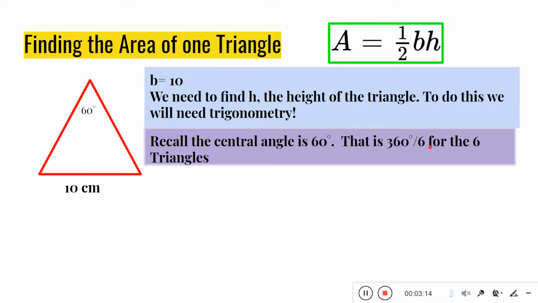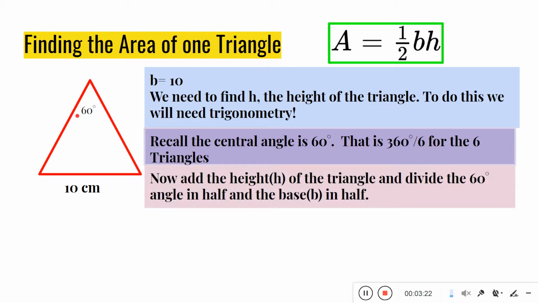We took 360 and divided it by 6, because when we looked at the hexagon, there were 6 central angles. Now, if we add the height of the triangle, what that does is it divides the 60-degree angle in half, and it divides the base in half. So instead of 10 centimeters, this is 5 centimeters.